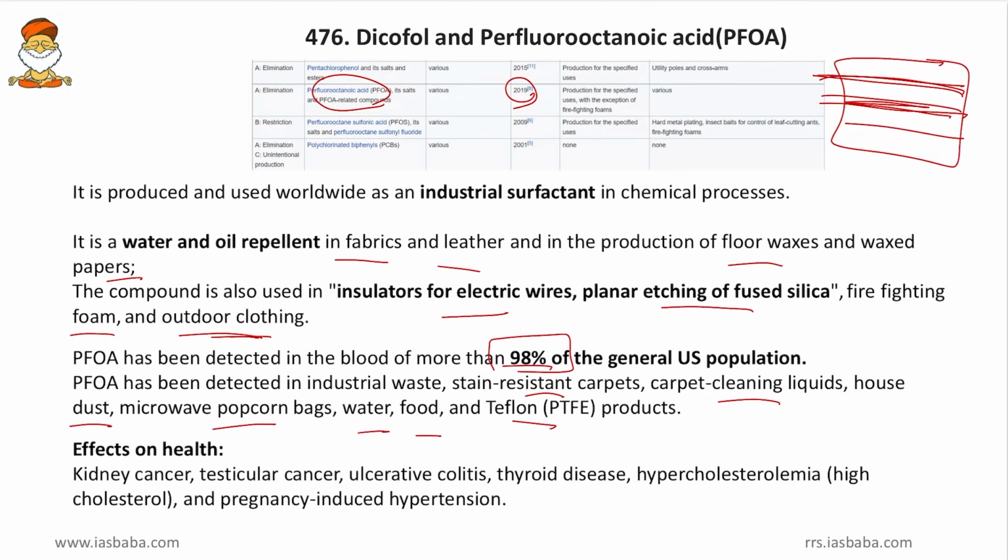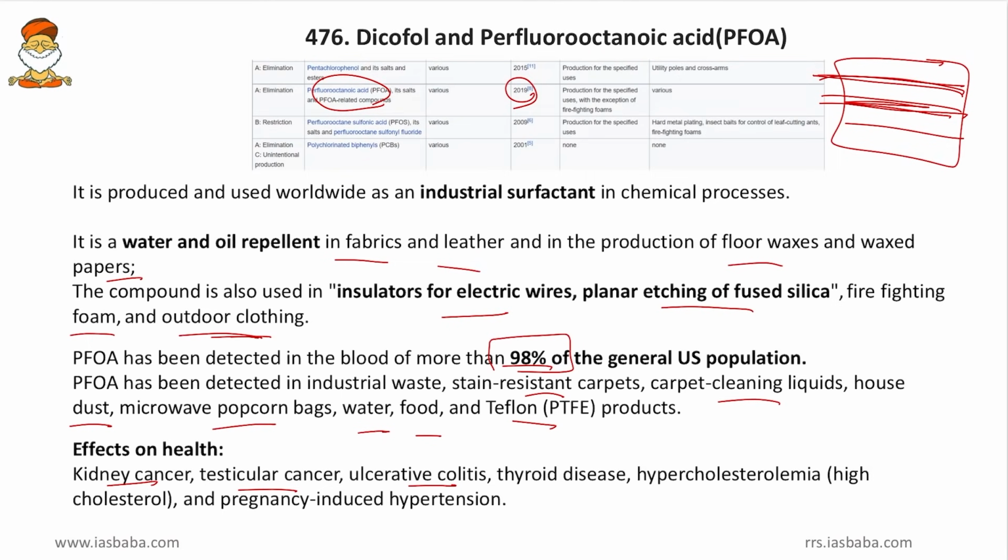So in almost all household products, this PFOA is present. Then on the effect on health, this perfluorooctanoic acid causes kidney cancer, testicular cancer, then ulcerative colitis, that is ulcers in the colon, that is the part which is above the rectum.